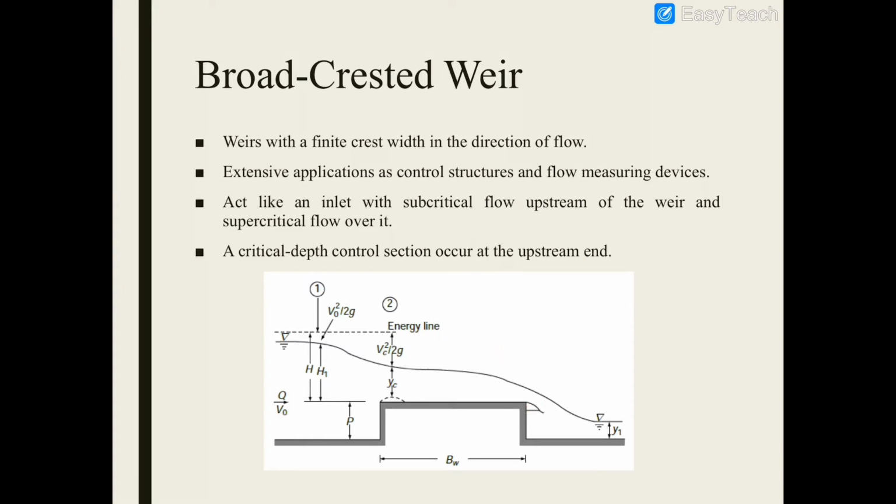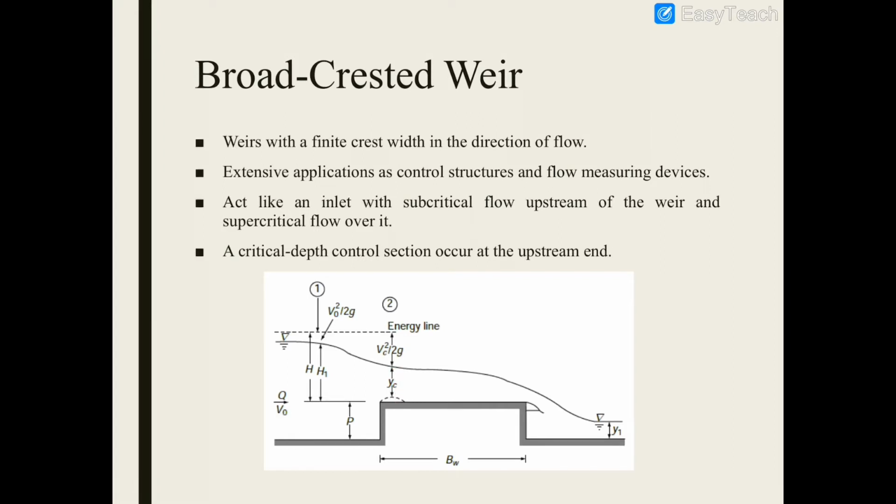A critical depth control section will occur at the upstream end, probably at a location where the bubble thickness is maximum. Means at this location the critical depth will be there. So this section will act like a control section.